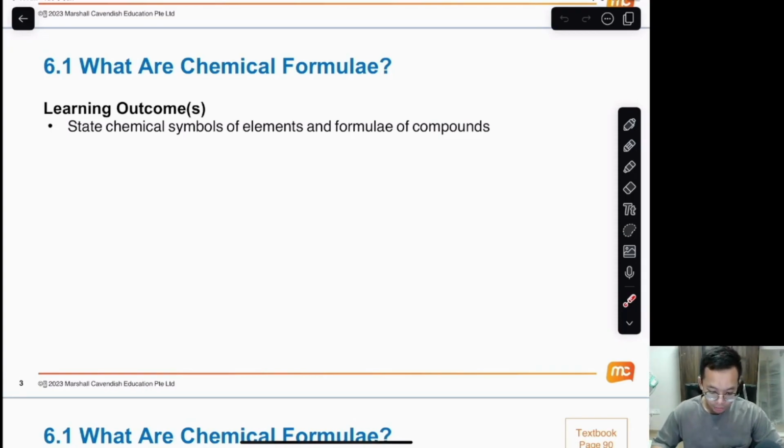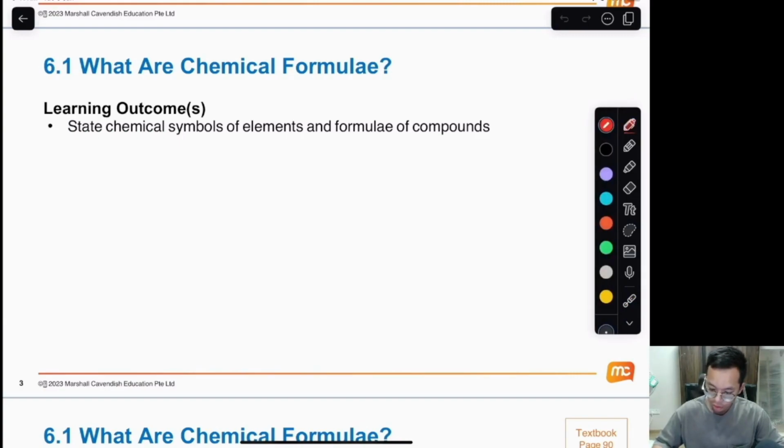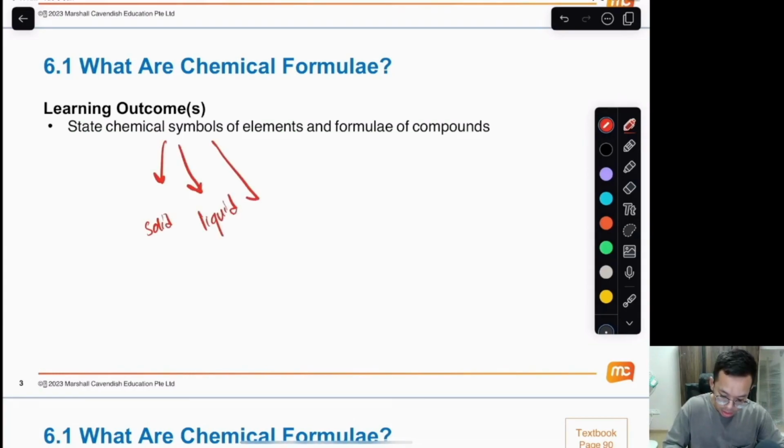In this part, we will be talking about the state symbols of elements and formulas of compounds. We know that there are different types of state symbols: there is solid, liquid, as well as gas. But there is also something called aqueous state, A-Q-U-E-O-U-S.